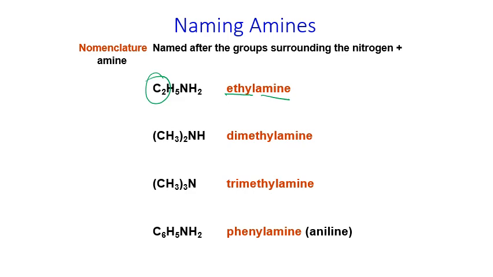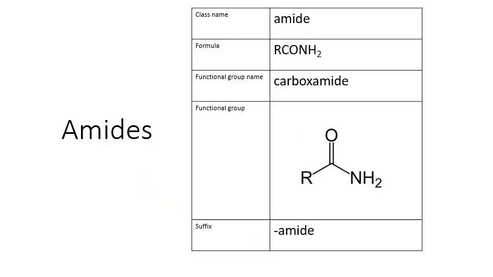This one has 2 methyl groups, so it's dimethylamine because it's CH3, methyl. This is trimethylamine, a great base. I've used it much in my PhD. And this is known as phenylamine. Now you're probably unaware of this because the C6H5 is unclear to you, but that's going to be known as a phenyl group, also commonly called aniline.